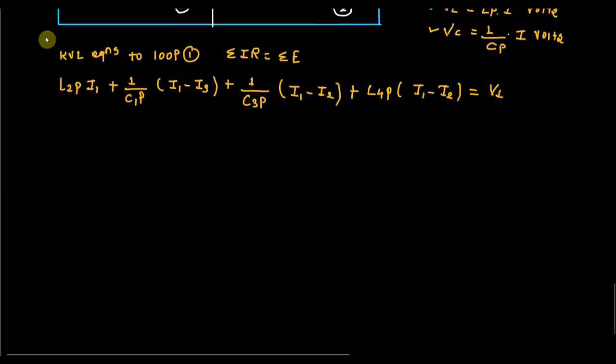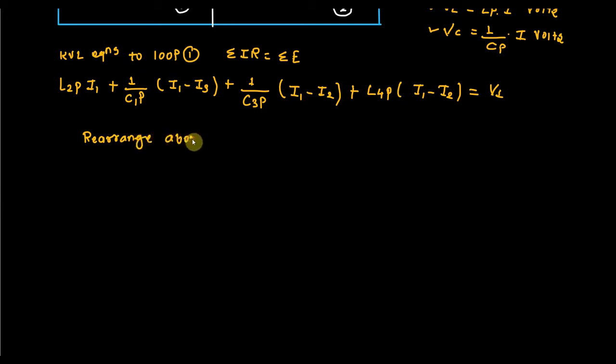Okay, now in the next step we will rearrange the above equation, meaning we will collect the terms of I1, I2 and I3 so that we can easily write it in matrix form. So first collect the terms of I1.